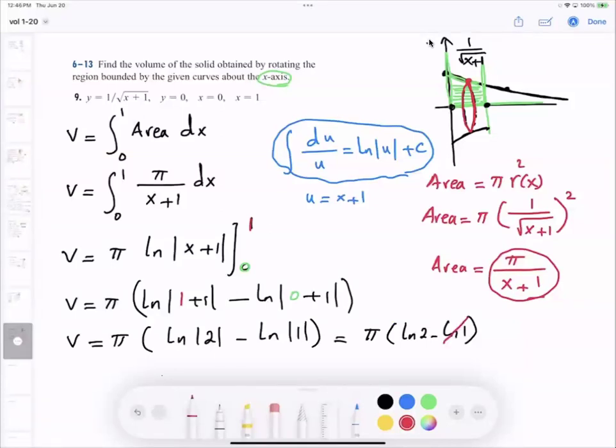But remember that ln of 1 is always 0, so this guy is pi times ln 2. Again, to get an approximation, you have to use a calculator because ln of 2 is a decimal number. So pi, another decimal number, multiplied by ln of 2, it's better to use the calculator to do an approximation.